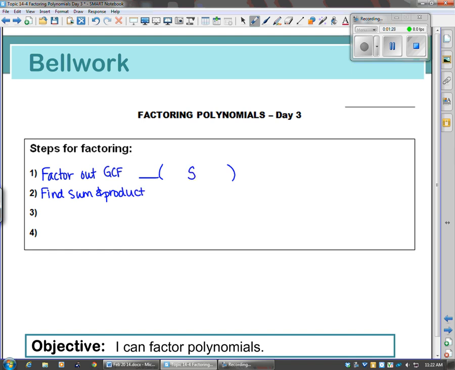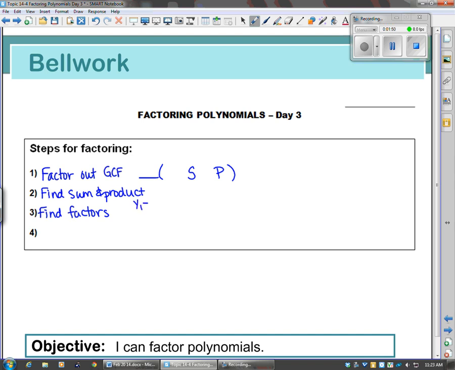Remember that the sum is the middle term, including the sign. The product is the last term, including the sign. Then you use your calculator to find the factors. The factors are the two magic numbers that add to equal the sum and multiply to equal the product.